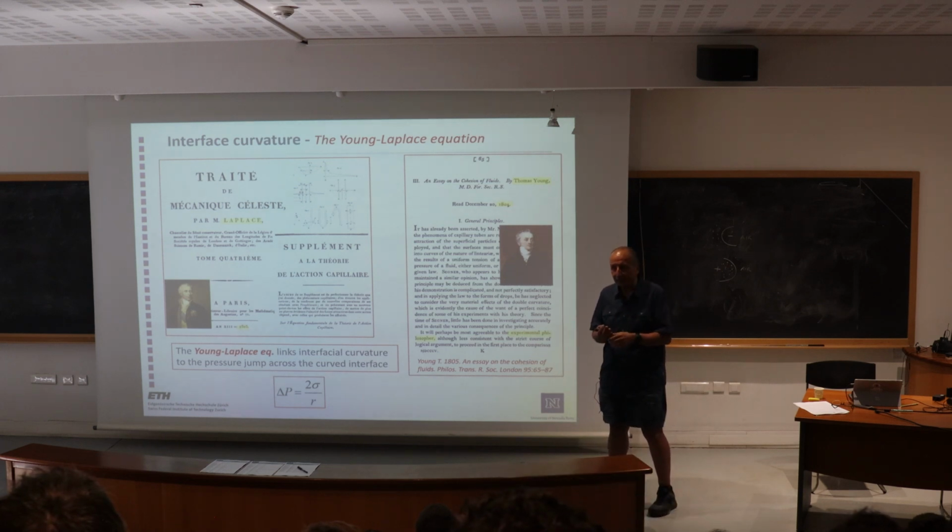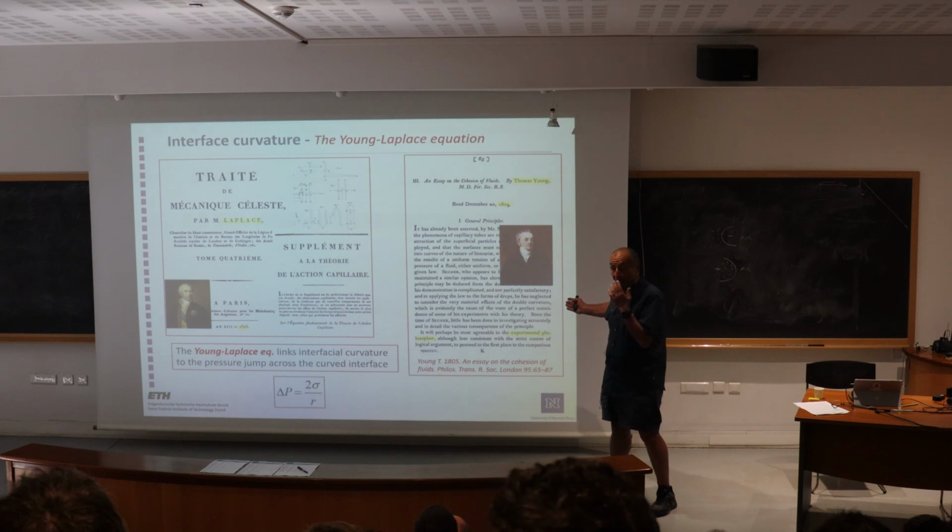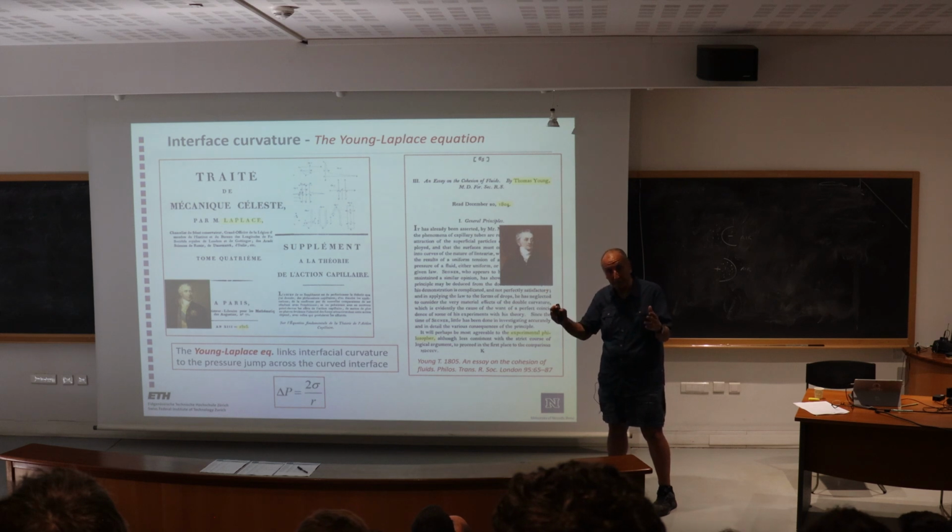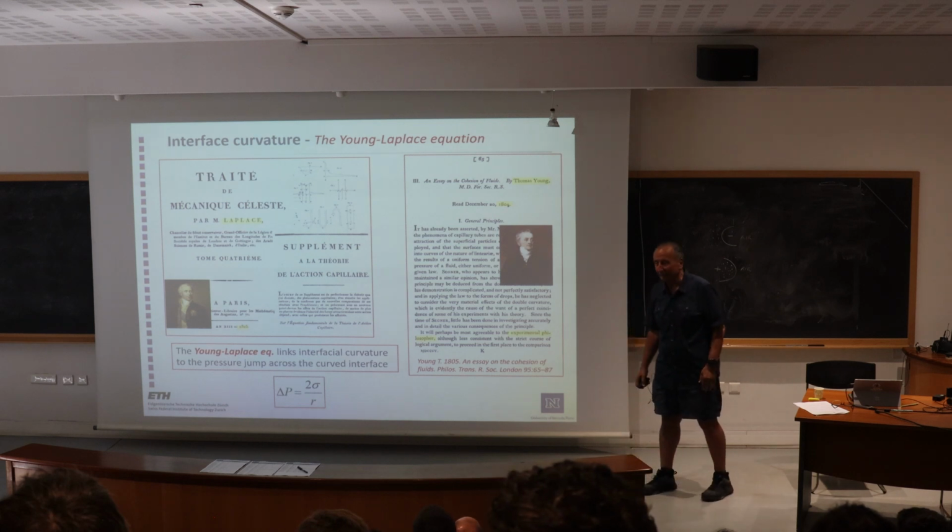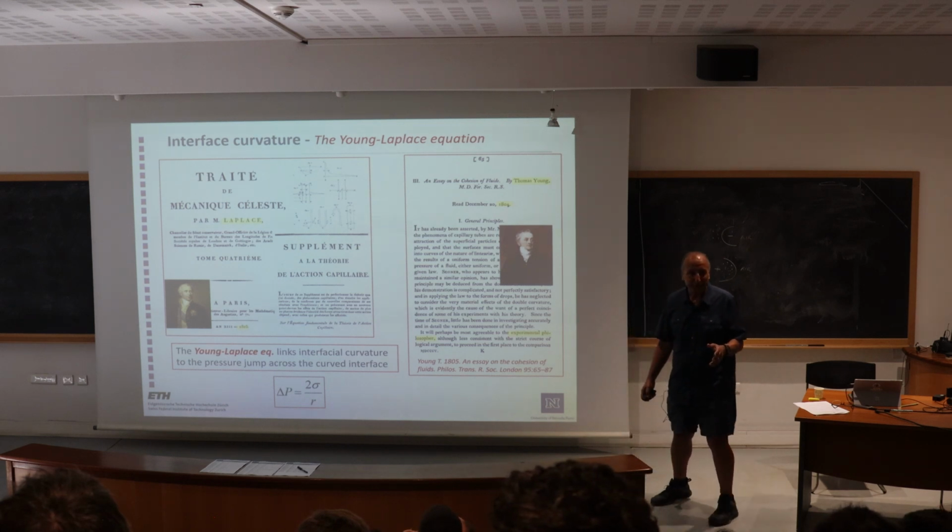He formulated it in modern mathematics, so it's very easy to follow. He defined pressure, whereas Young was mostly intuitive. There was no single equation, and definitely no discussion of pressure. So some think that Laplace should actually get credit for this, but we still call it the Young-Laplace equation.